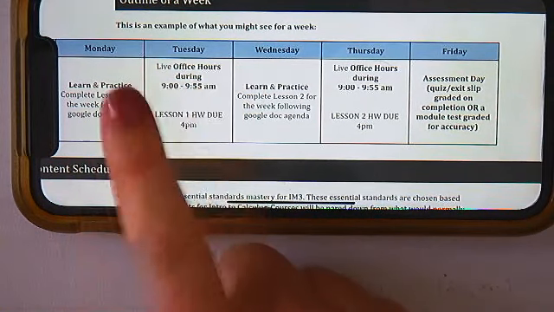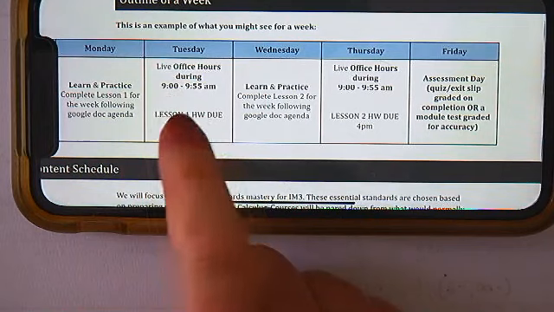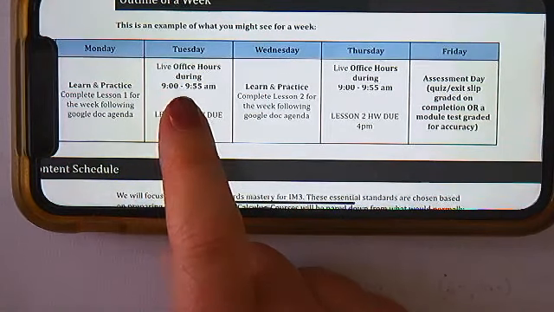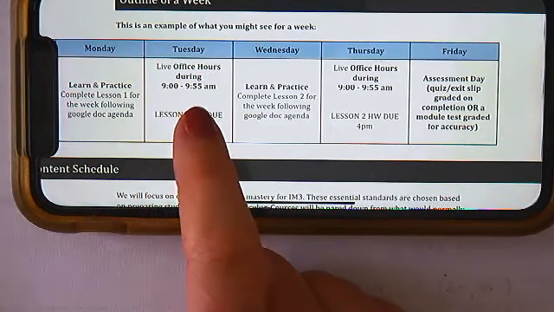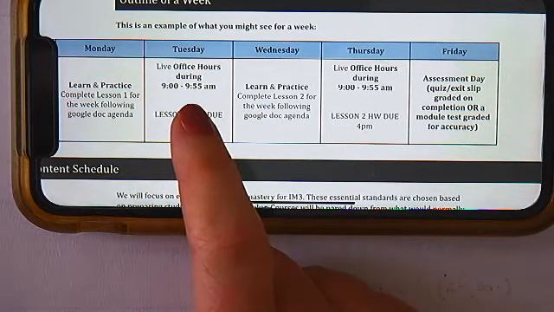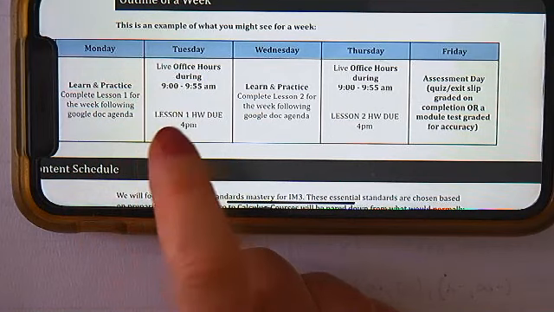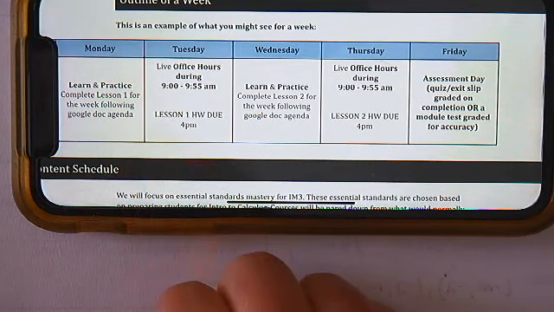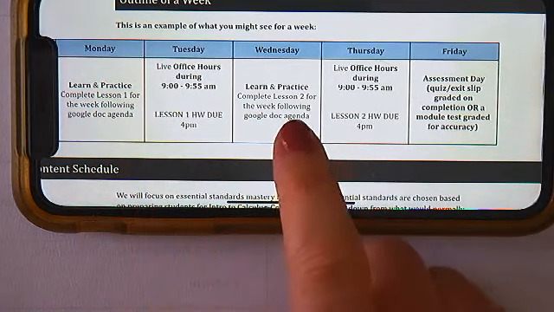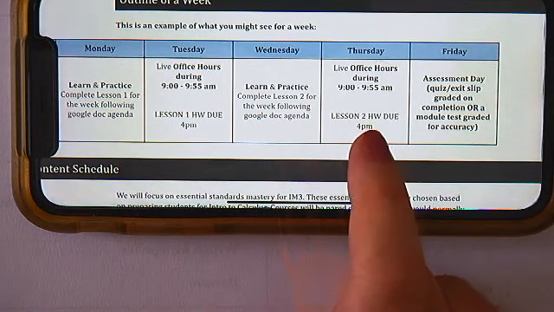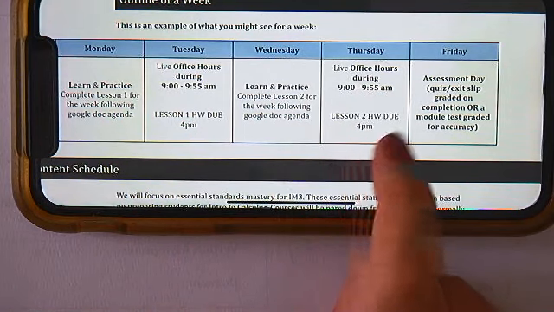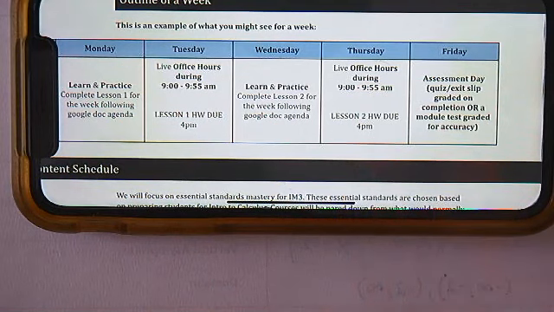Tuesday, I'll have office hours. This is just an example, but on mine, for period 1, it's going to be 8 to 8:55, and period 3, I think was 10:05 to 11. You guys can double check my document though. And then the homework will be due at 4 p.m. Then Wednesday, you guys will watch the next lesson, and then office hours and homework will be due. And then we'll have some kind of an assessment on Friday.